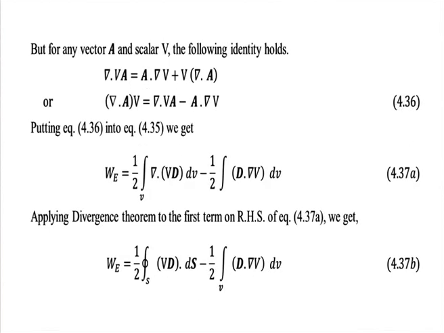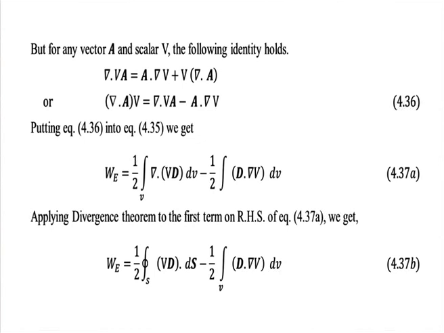Now, the following identity holds for any vector A and scalar V, which is given by equation 4.36. Putting equation 4.36 into equation 4.35, we get WE is equal to half volume integral of del dot VD minus half D dot gradient of V dv.